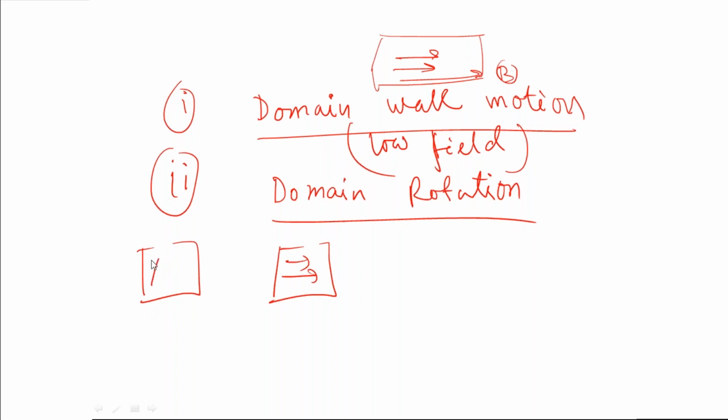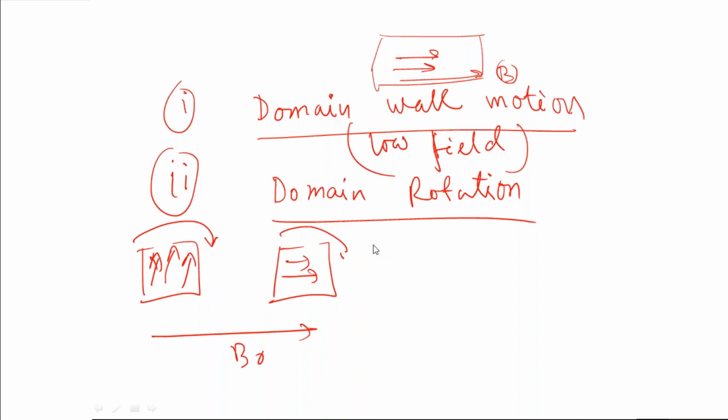If the domain was in one direction before the application of the field or at low field, then with a very large field it will rotate directly towards the field direction. So generally two phenomena happen if you apply a field at low temperature in a ferromagnetic material.